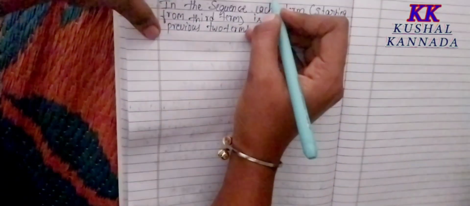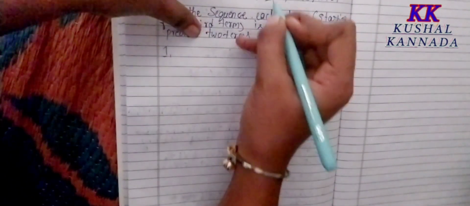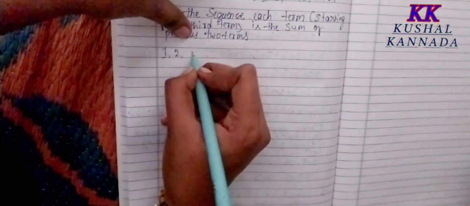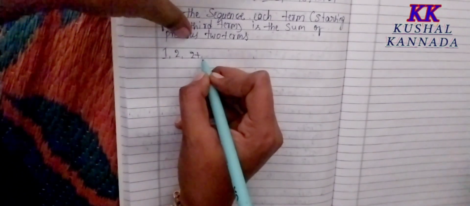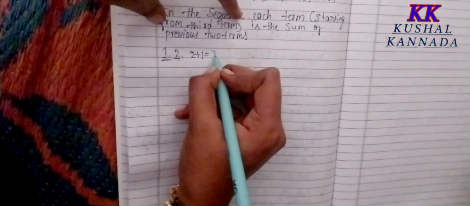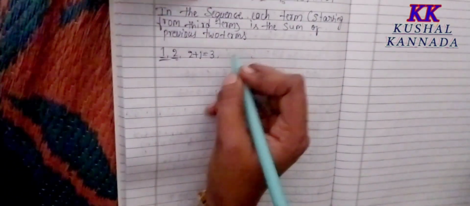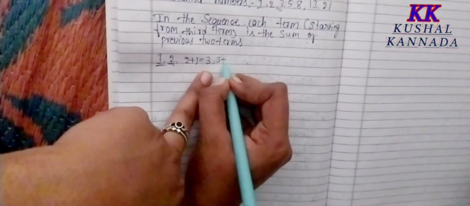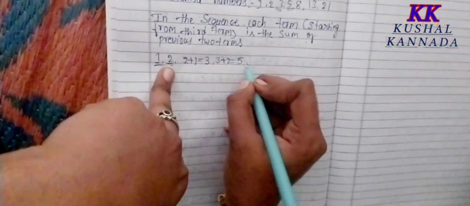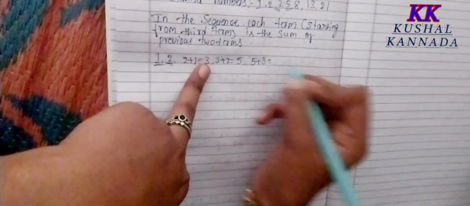So, 1, 1, right? Next 2, 3, 2 plus 1 is equal to 3. Next 3 plus 2 is equal to 5. Next 5 plus 3 is equal to 8.